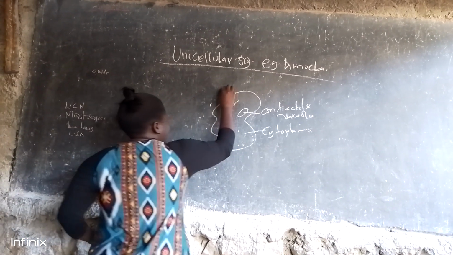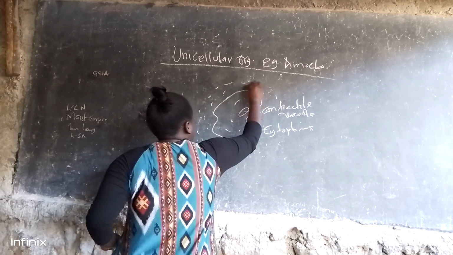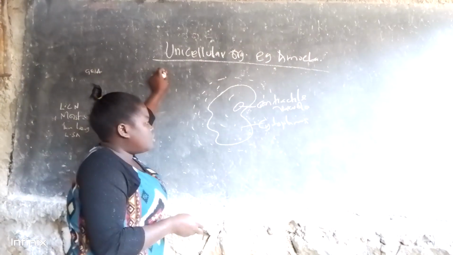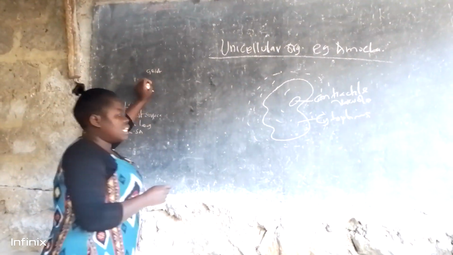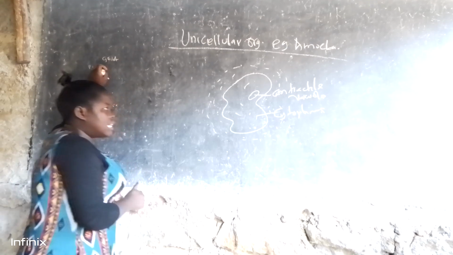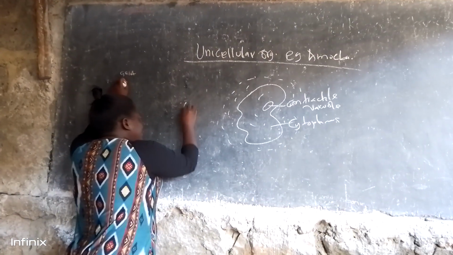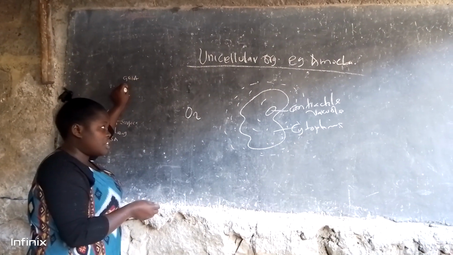As we said, the environment is aquatic, so they stay in water. Water contains some dissolved oxygen. Being one of the tiny organisms under animal, the amoeba acquires oxygen for metabolic activities, respiration.